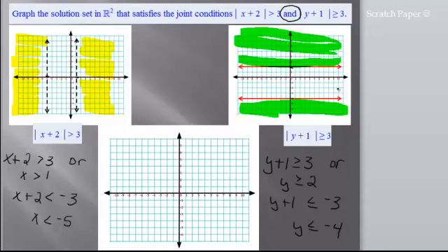Okay, so what I want to do is transfer all of the lines onto this new bigger graph. Let's see if I can do that while we're still here. So this one is at negative 5. The next one is at 1.